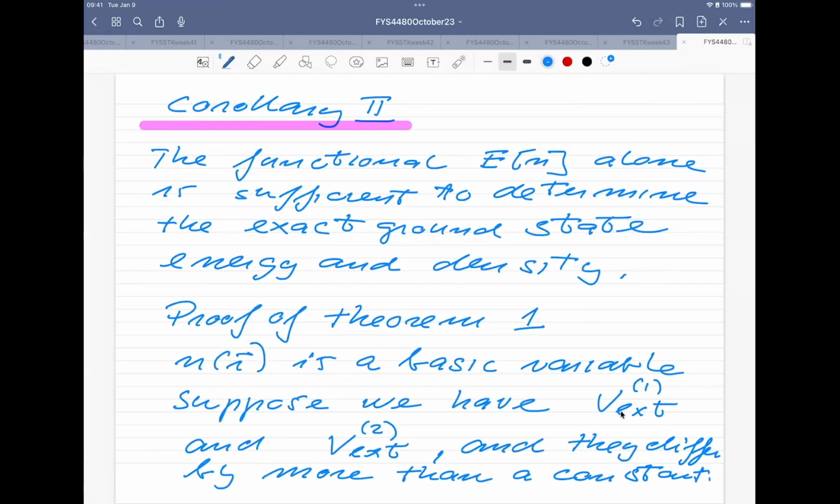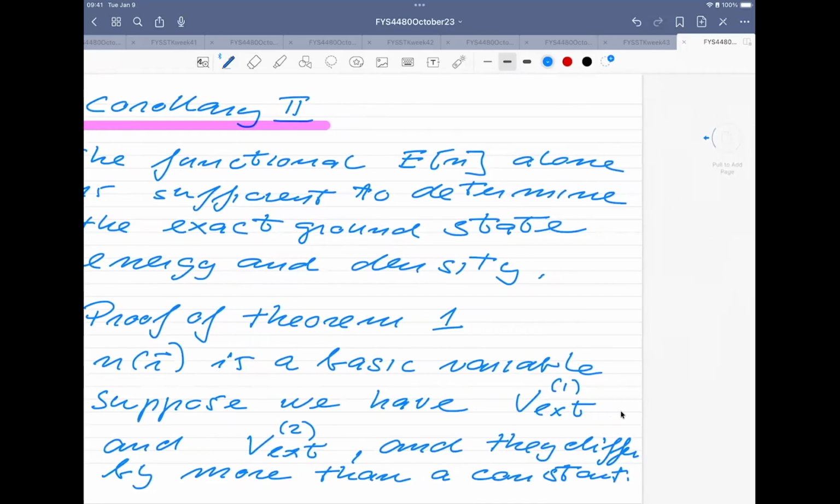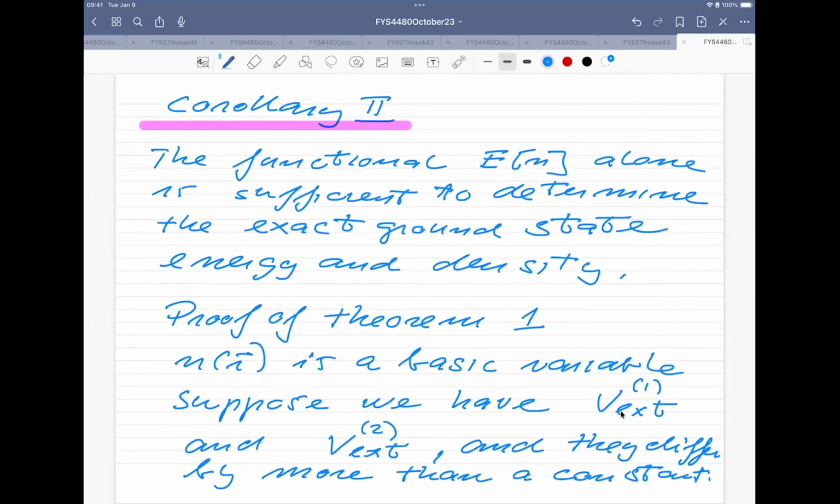Let's just wait a little bit here so everybody has been able to write it down. And they lead to the same ground state density. So I'm just saying, suppose we have V of x and V' of x, and they differ by more than a constant. This is just an assumption which we are making.